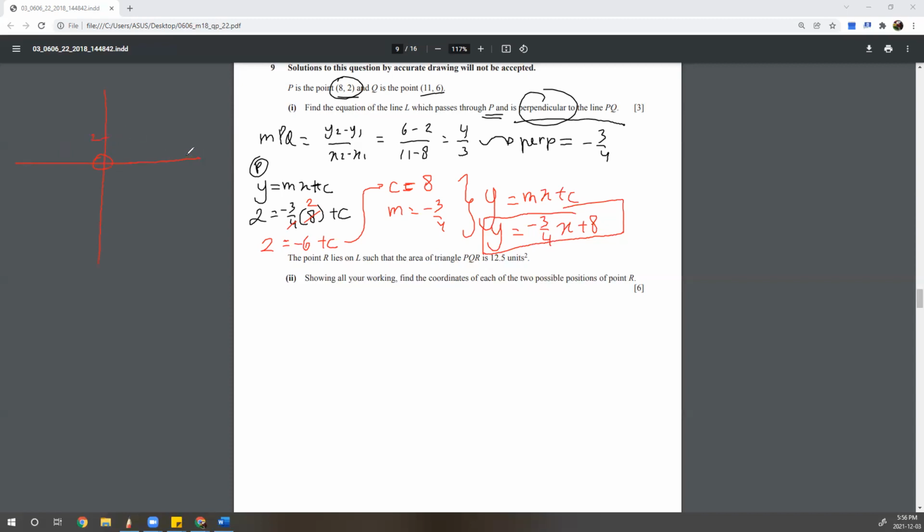Let's say this is 2, this is 8. Q is (11,6). Let's say this is 11. Let's say this is 6. Right, this is the line, and this is the line that is perpendicular, passes through P.